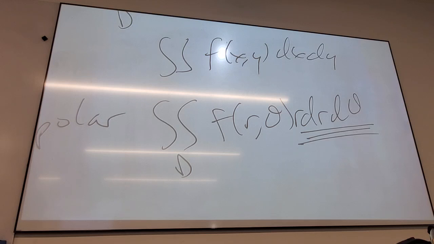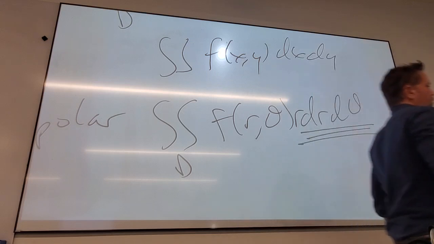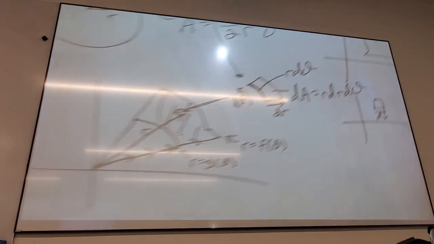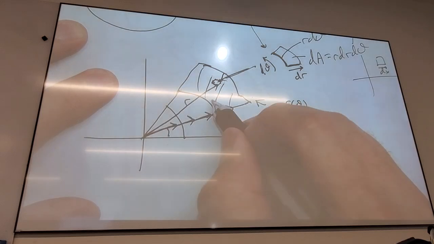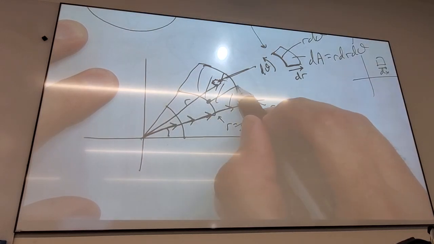So the outside integral would be some angles, in radians. Yes. As you sweep from this angle to this angle, your r goes from here to there. If you look back at my original picture, as I sweep from this angle to this angle, my r goes from this wall to that wall.